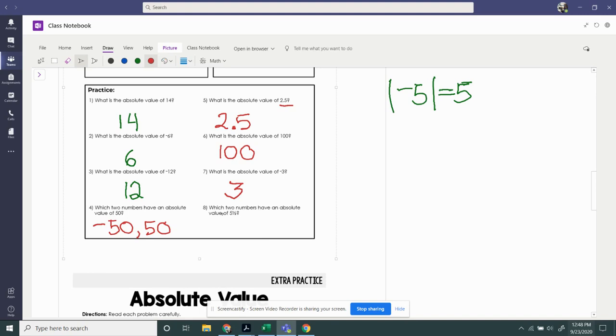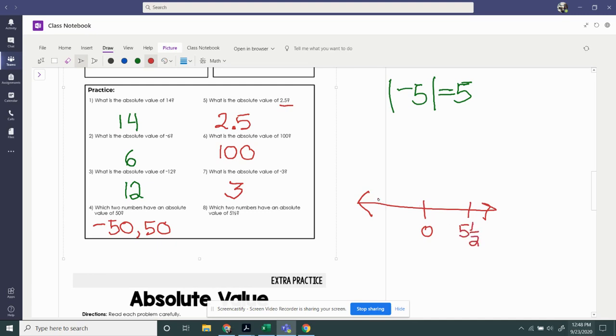Now we're asked which two numbers have an absolute value of 5 1/2. Let's draw a number line over here, put 0 in the middle, and the distance from 0 to positive 5 1/2, we'll represent that with the number 5 1/2.